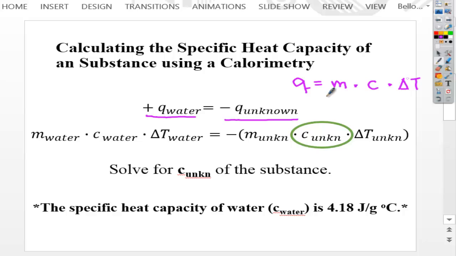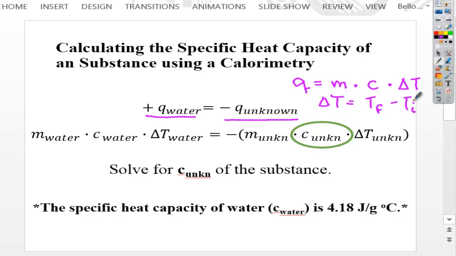How do you calculate delta T? T final minus T initial. Okay? So, like I said, when you drop a hot object in water, it's going to release heat until it reaches what? Equilibrium, right?